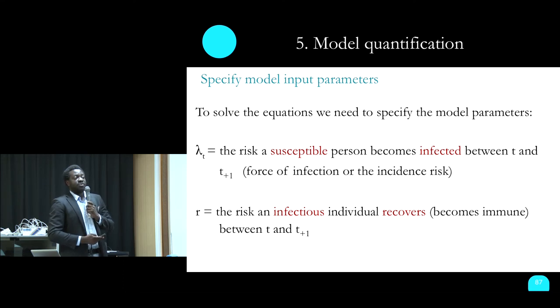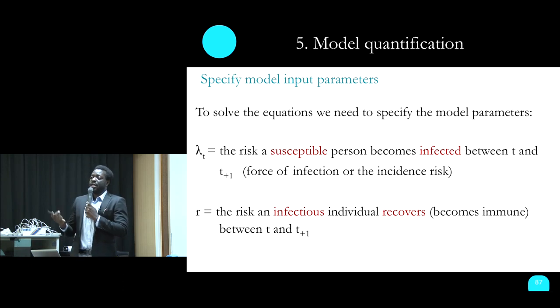The fifth step, after making the equations, is that you need to specify the model inputs. They call it model quantification. Model quantification means you need to tell the values for each of the parameters in your model. For example, lambda t is the risk of a susceptible becoming infected.